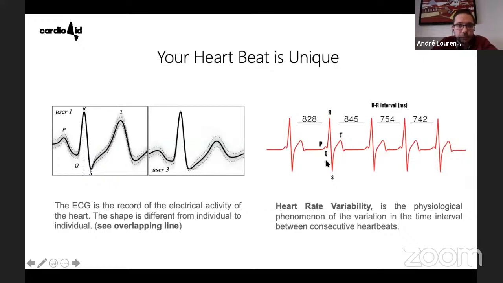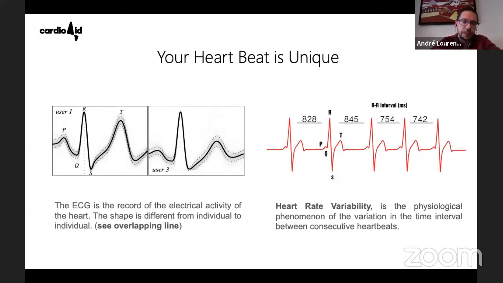What we saw, and it was something that came in research in the beginning of 2001, 2002, was that each heartbeat was unique from person to person, and it was possible to identify that part of these signals are maintained over time, and it is possible to do biometrics with this.